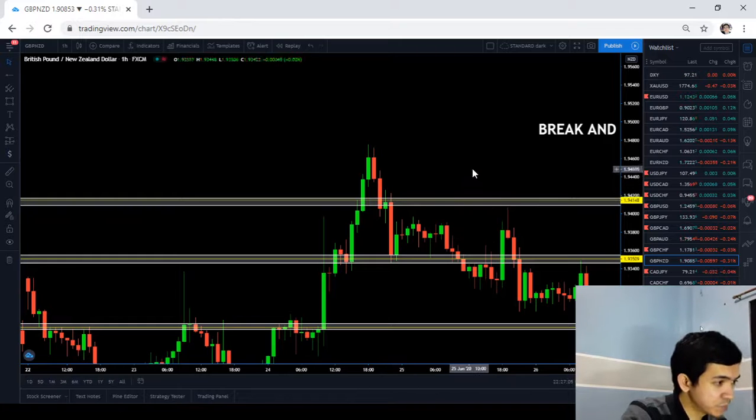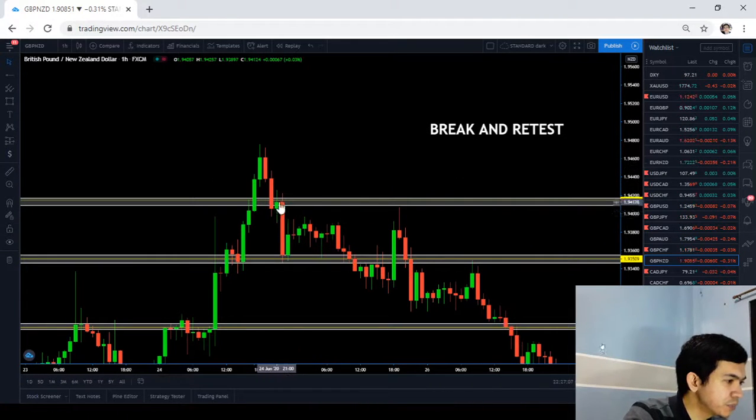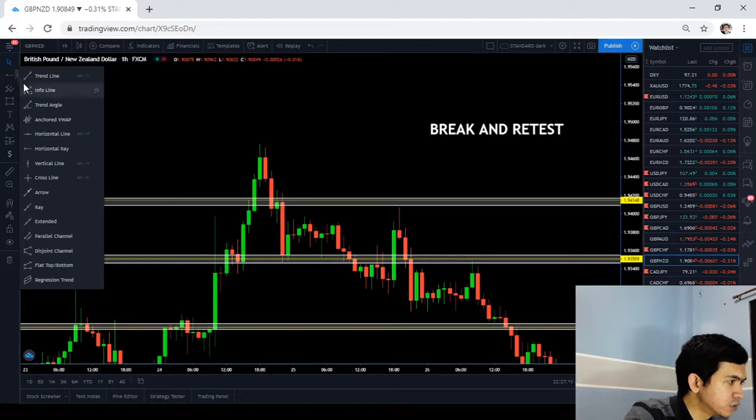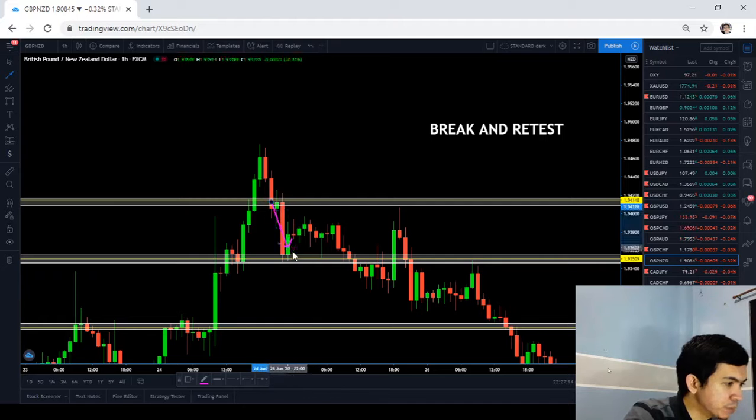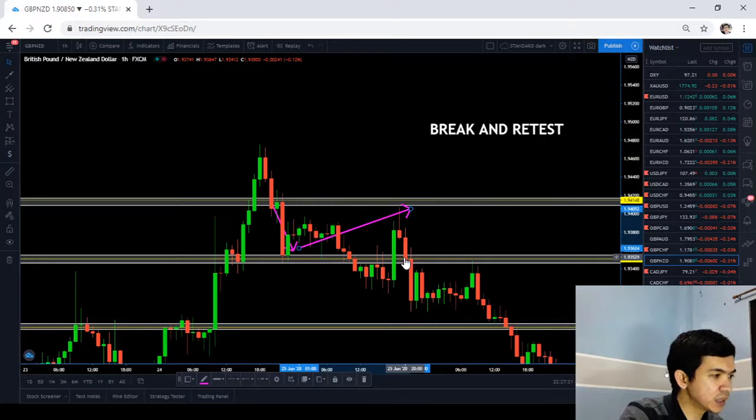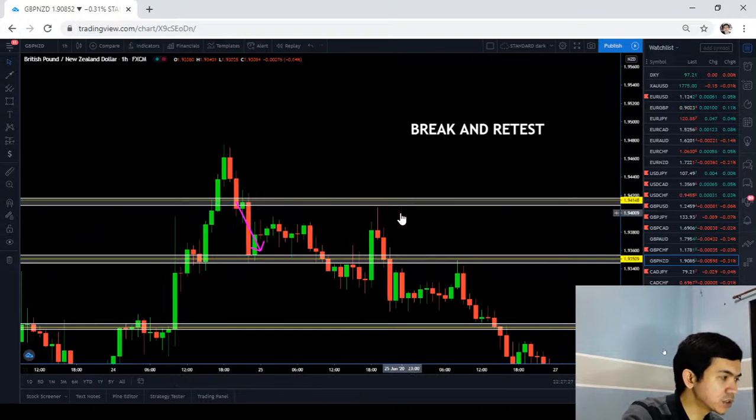Okay? So, how do we find an opportunity? Through break, and what? Retest. When we say retest, it retests the level that it broke. And how do we find opportunity? Of course, candlestick pattern.